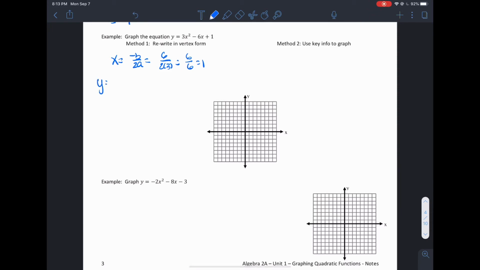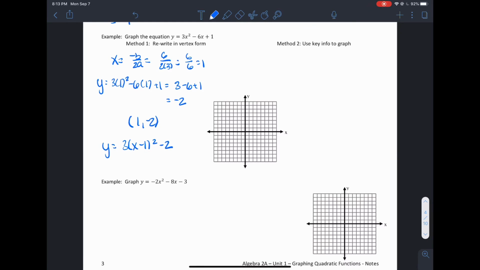So y equals 3 times 1 squared minus 6 times 1 plus 1. So that's 3 minus 6 plus 1. That's negative 3 plus 1, negative 2. So my vertex is (1, negative 2). So in vertex form, 3 times (x minus 1) squared minus 2.